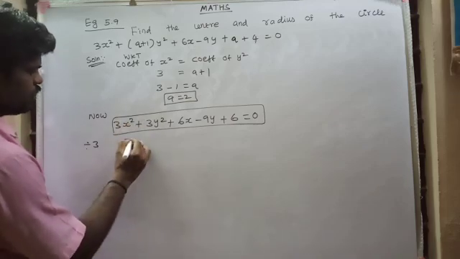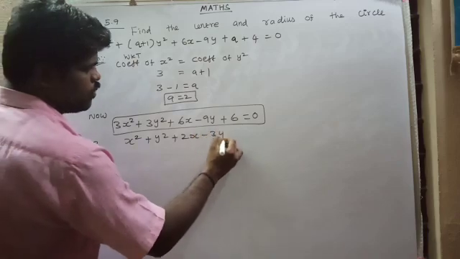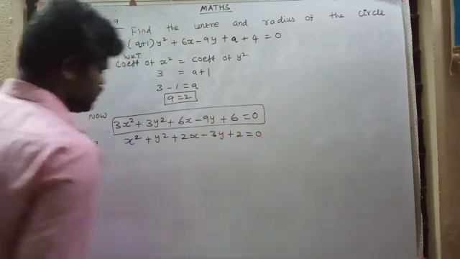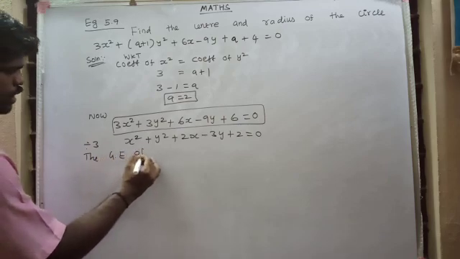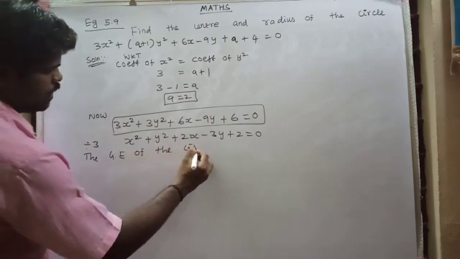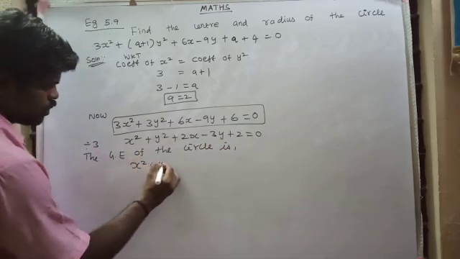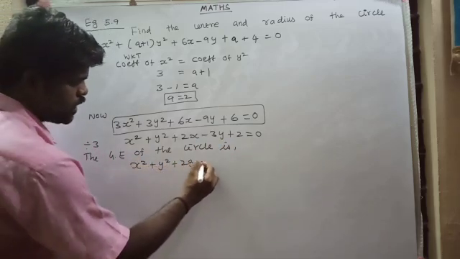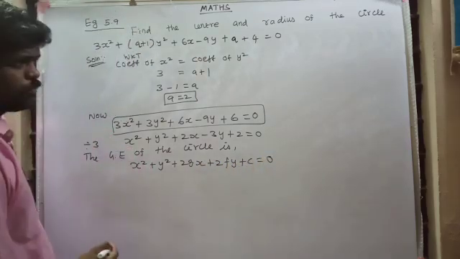Therefore x² + y² + 2x − 3y + 2 = 0. The general equation of the circle is x² + y² + 2gx + 2fy + c = 0.